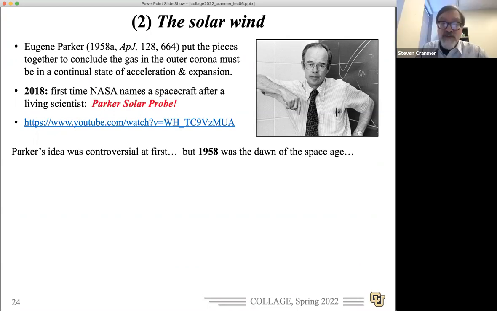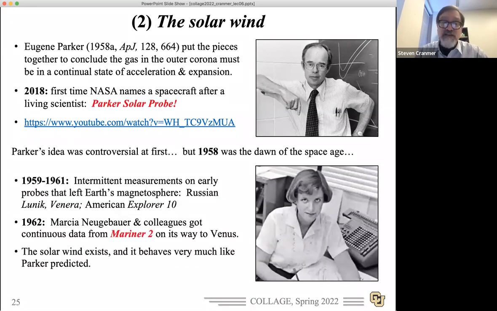And the nice thing about that history was that he didn't have that long to wait for sort of complete vindication, because people were starting to launch spacecraft out into space. And it was only a few years before deep space probes were leaving the Earth's magnetosphere. Some of these early Russian and American probes didn't quite have the full complement of instrumentation on them that would have allowed the exact measurements of temperature, density, velocity, all the things that we really want to measure.